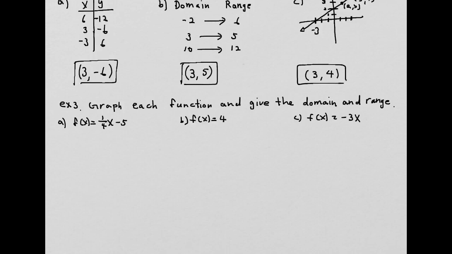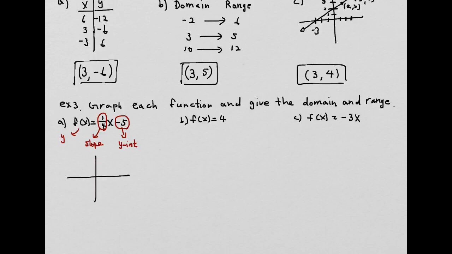We know this is the same as the y variable, right? So this is slope-intercept form. And we know from the slope-intercept form, this is going to be your y-intercept, and this is going to be your slope, right?